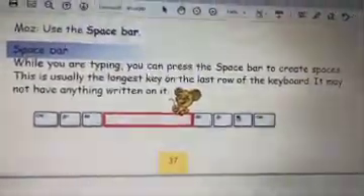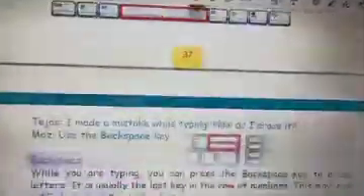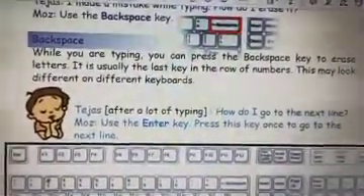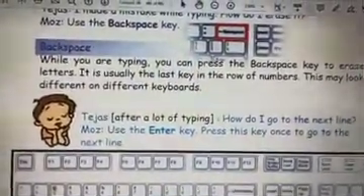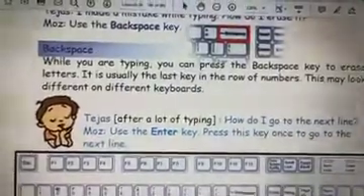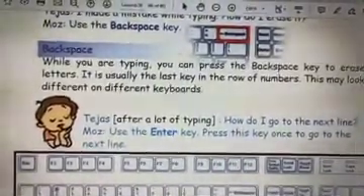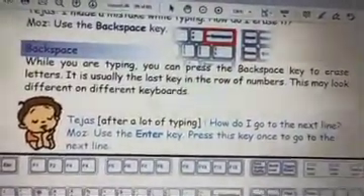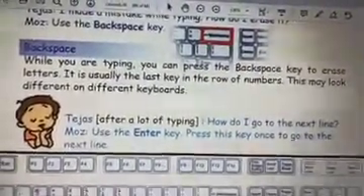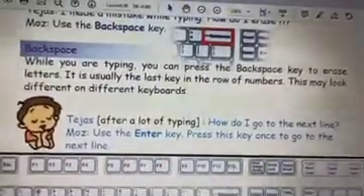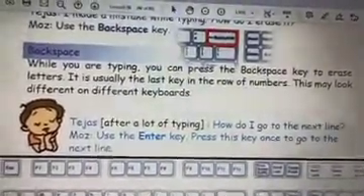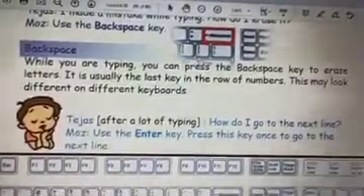The next key which we have to know about is the backspace key. The backspace key has an arrow. The arrow is pointing to the left side, right? Whenever we are typing on the screen using a keyboard, many of the children come to me that we have written something wrong and we have to rub it or delete it.